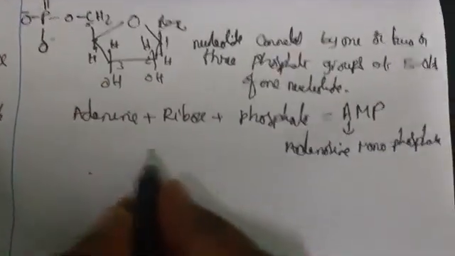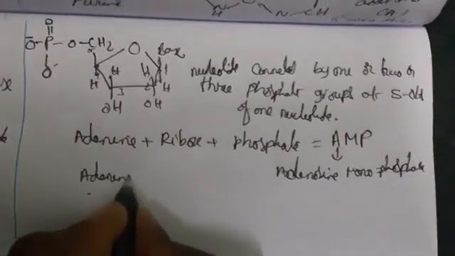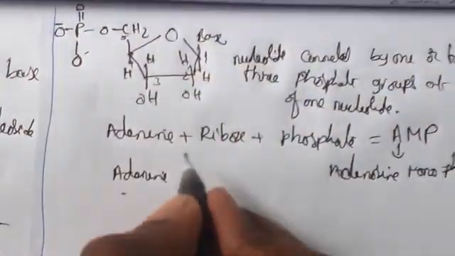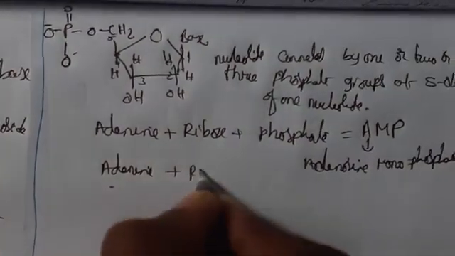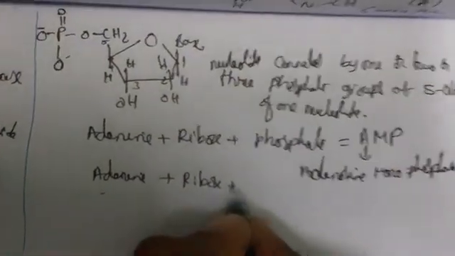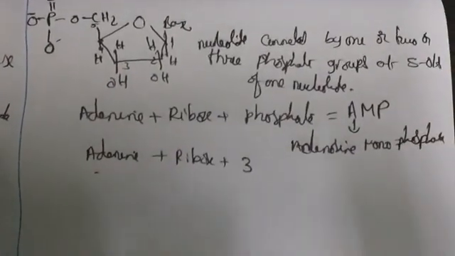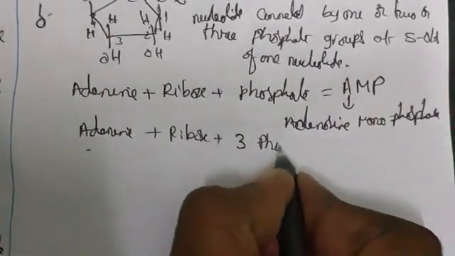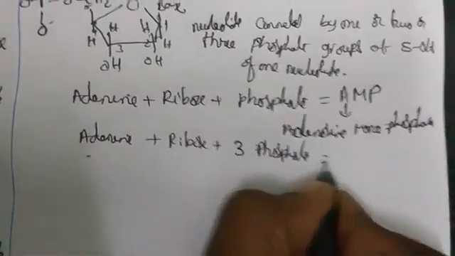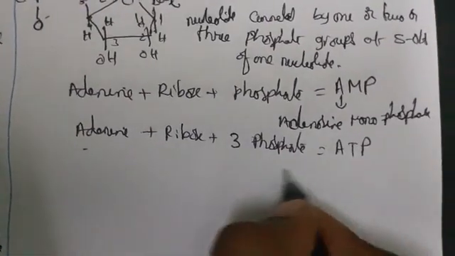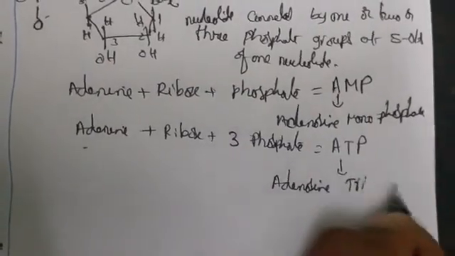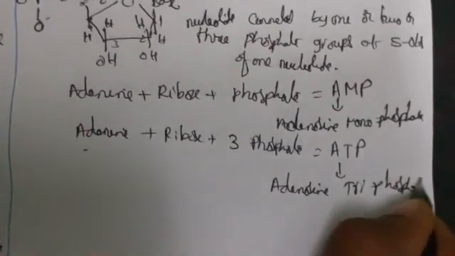And if you take adenine, ribose plus 3 phosphates, it equals ATP. ATP indicates adenosine triphosphate.